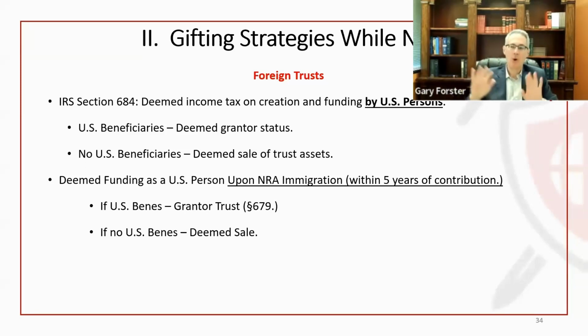So if you can hold on that and not spend, let's say, 120 days a year in the U.S., you're going to skate. You're going to be able to get all the assets out of your estate, and you're not going to be subject to 684, which says when I fund a trust, there's a tax unless I have a U.S. beneficiary. And then that tax is tolled until I die.